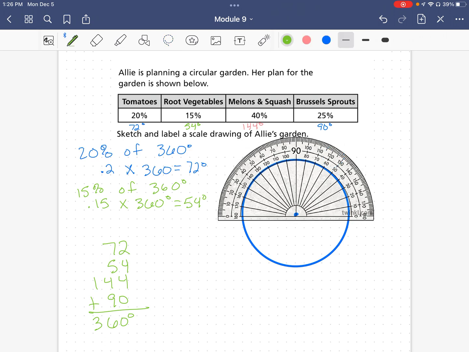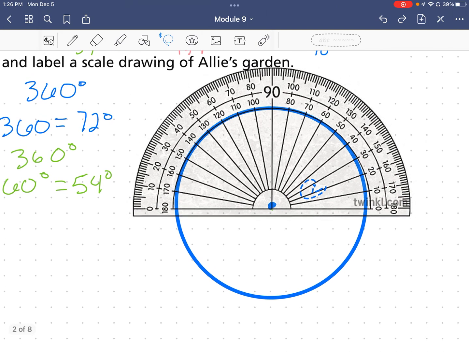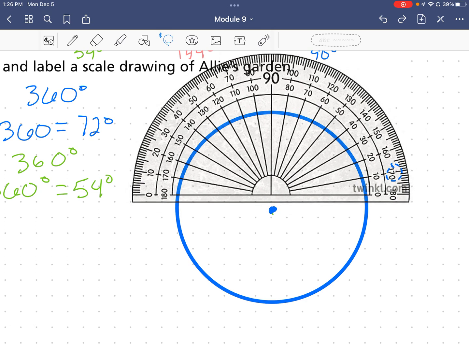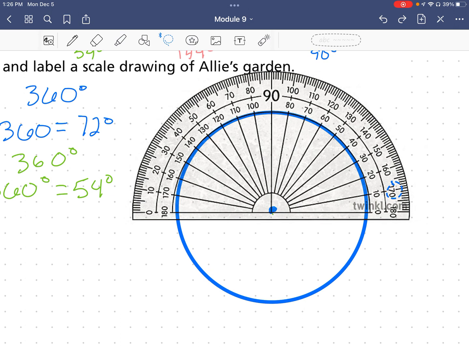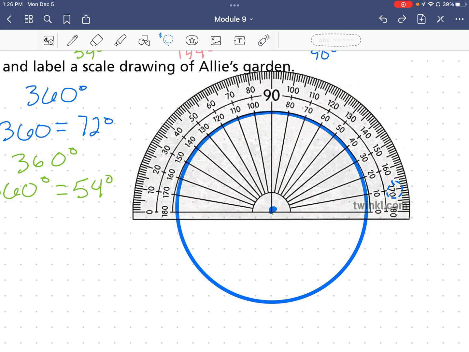So this spot right here, where these meet, that's where you should put your protractor, where the T is. You want to line up that T to be right at the center of your circle. Okay, so that's about as center as we're going to get.